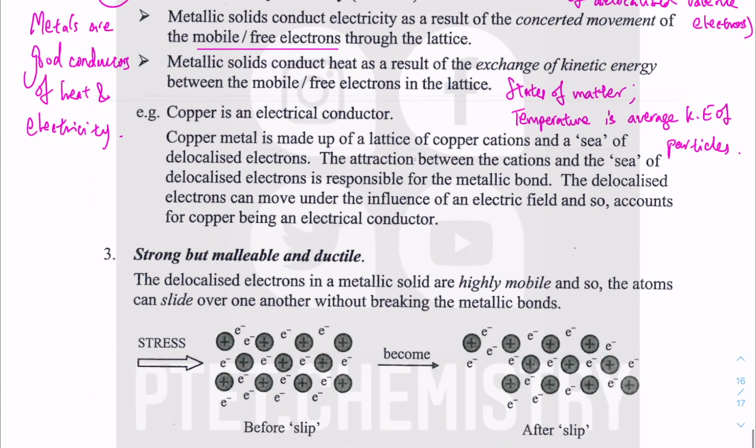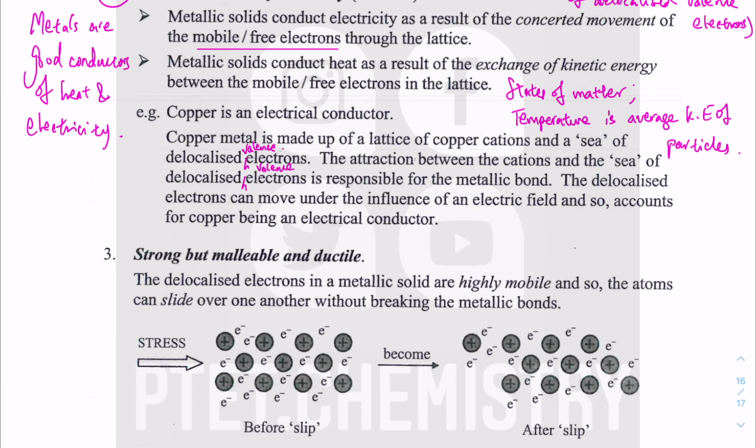So this is basically just explaining why copper is an electrical conductor. In terms of the structure, copper metal has a giant metallic structure. It has copper cations and a sea of delocalized valence electrons. You have this attraction, which is called metallic bonding, between the cations and the sea of delocalized valence electrons.